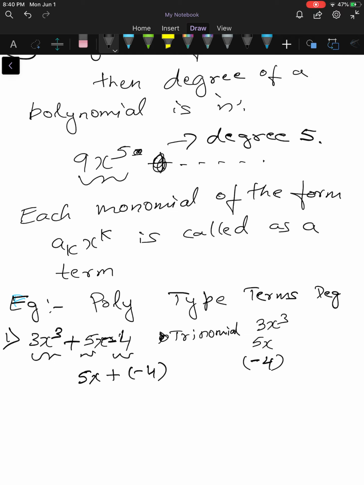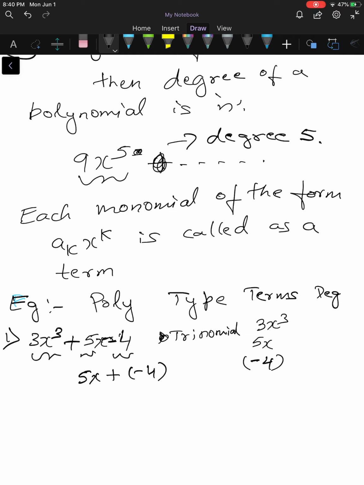FOIL, which tells that first terms you should multiply first. That is, A and C are first terms. Then O represents outer terms. So outer terms of the whole expression are A and D. You multiply them. Then I represents inner terms.